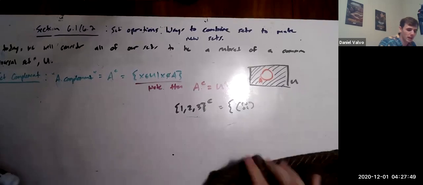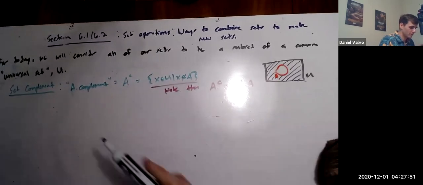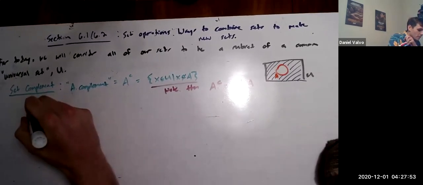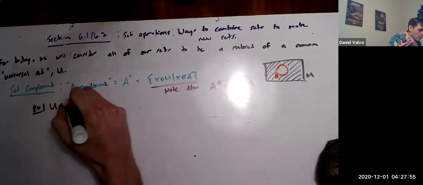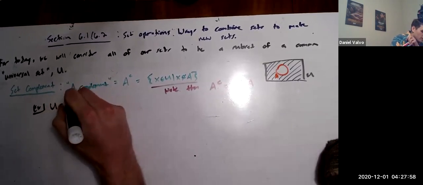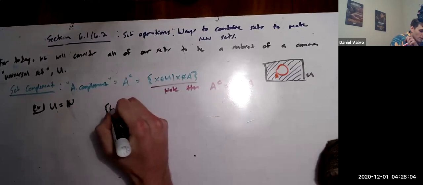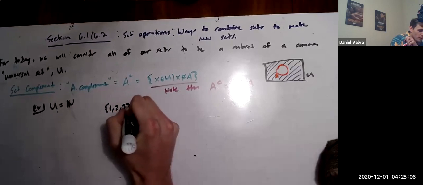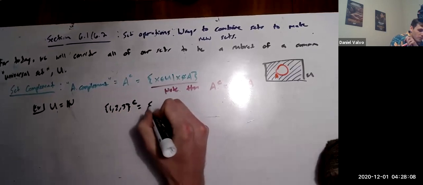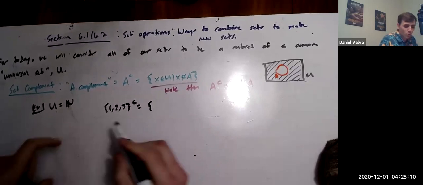And so, for example, if U were to equal the natural numbers, then the complement of {1, 2, 3}, well, that'd just be every natural number that's not 1, 2, or 3.